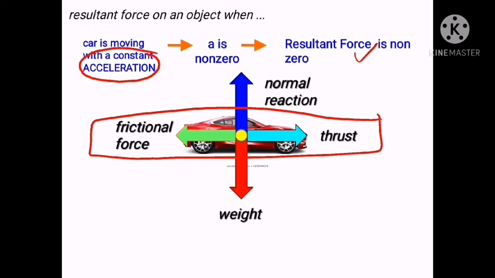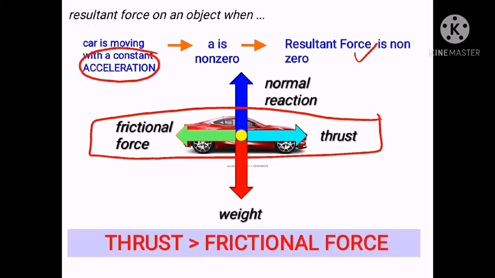So, my thrust is more than my frictional force, meaning my resultant force would be along this direction. Okay, meaning my car would also accelerate to the right.